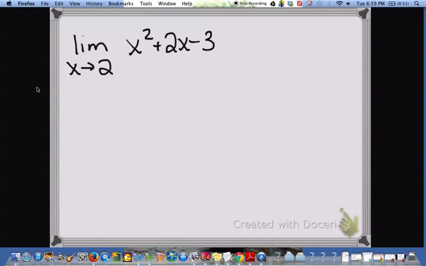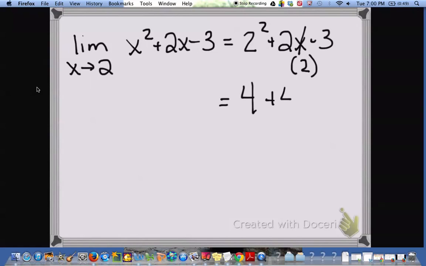But since if you plug this in, you don't get a 0 in the denominator, there aren't any errors, you can just solve this algebraically, doing 2 squared plus 2 times 2 minus 3. That's 4 plus 4 minus 3. So our limit for this function is 5.